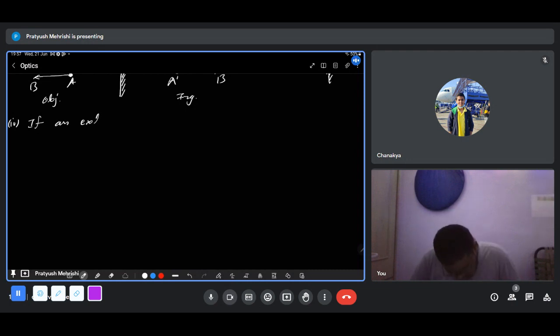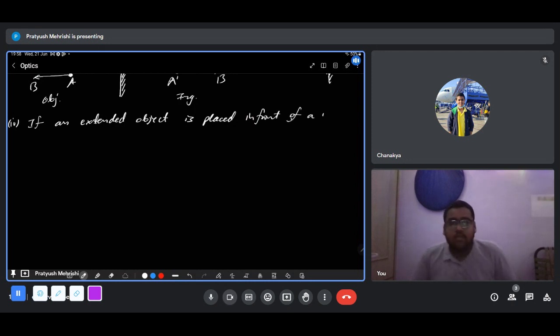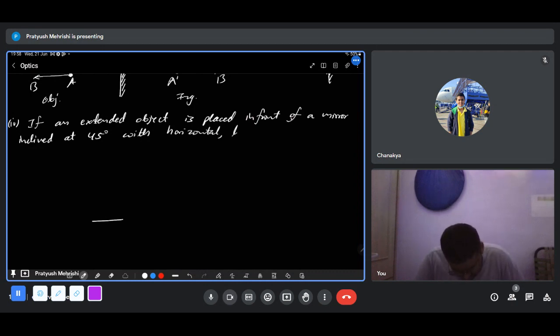If an extended object is placed in front of a mirror inclined at 45 degrees with horizontal, the image formed will be vertical.